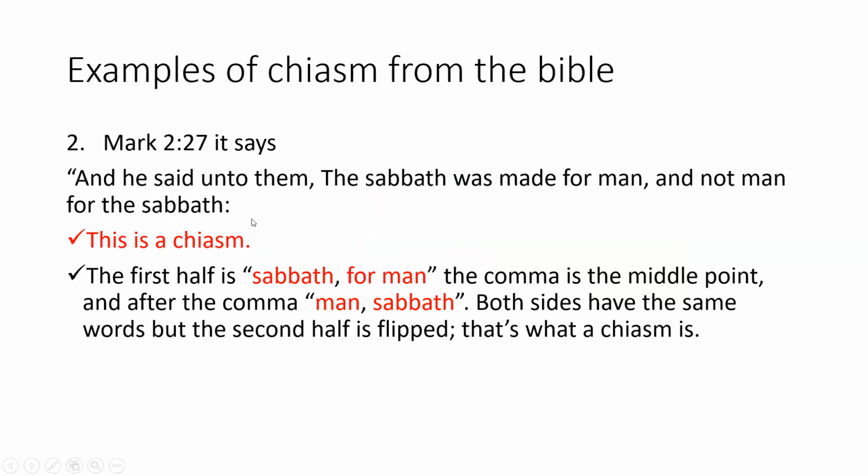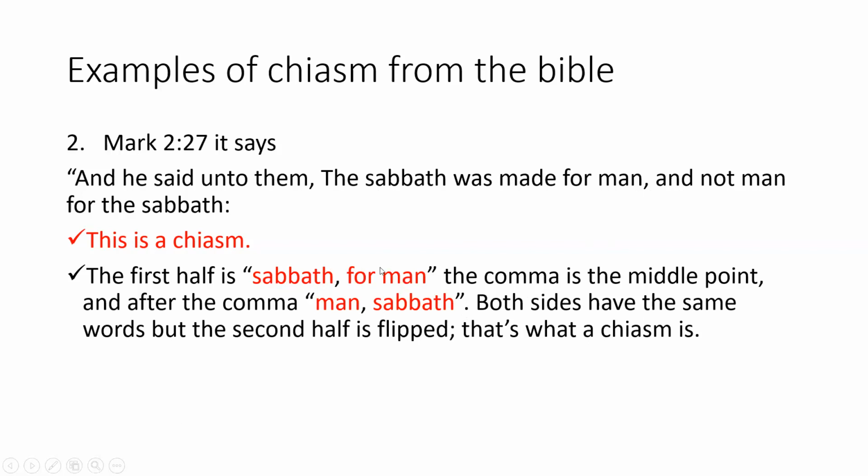So this one is a chiasm. If you look at this verse as it is on the line, the first half is the Sabbath was made for men, and the comma is the middle point here. And after the comma, and not men for the Sabbath.